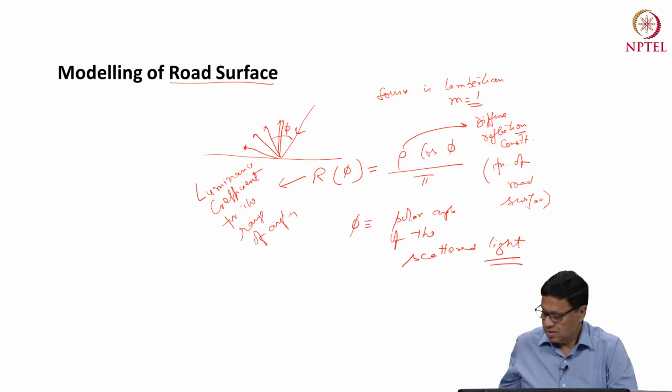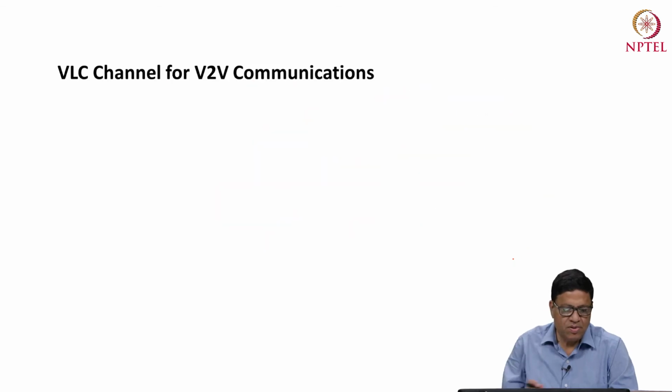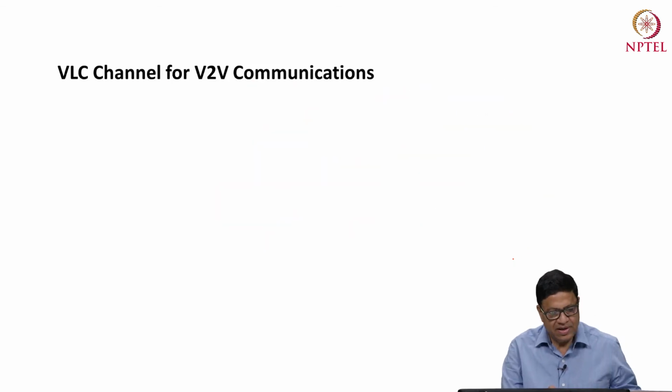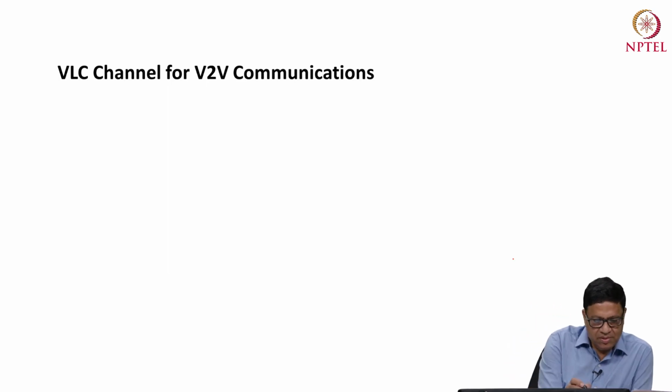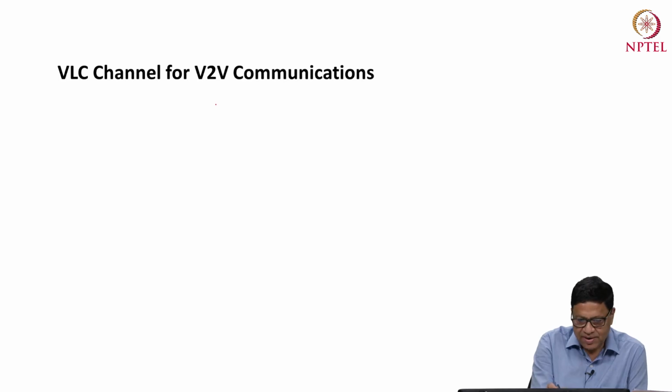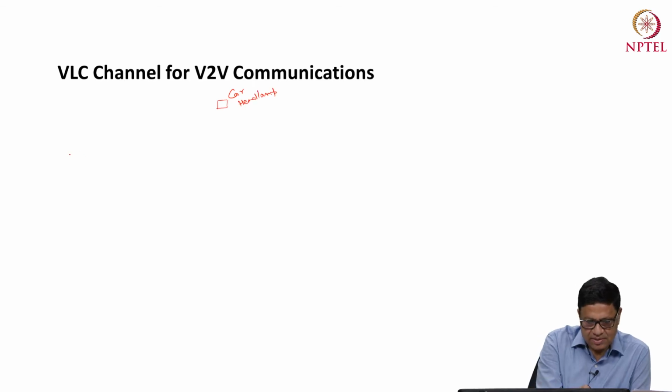Now let us see a VLC channel for V2V communication. How does the channel behave? So let us draw a diagram where you have the car headlamp here, and this is the road surface.